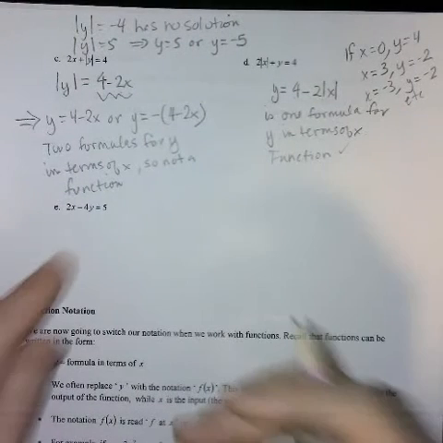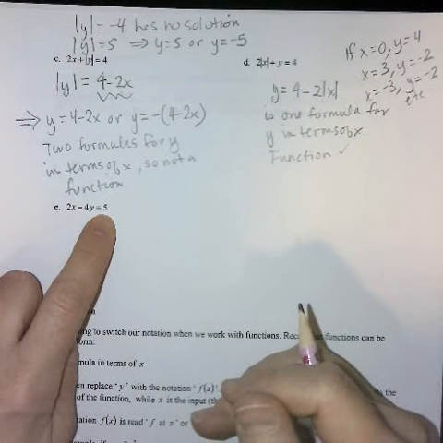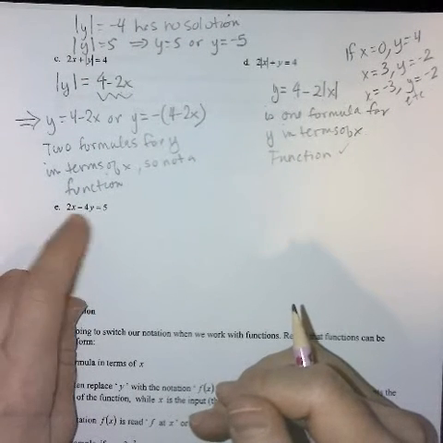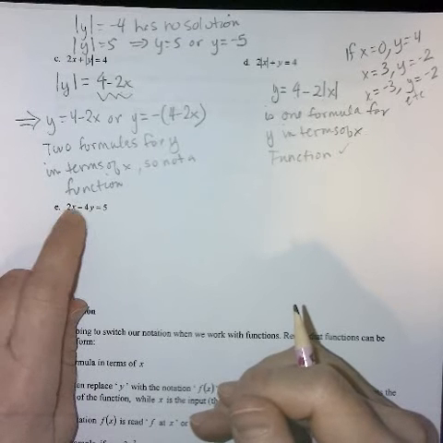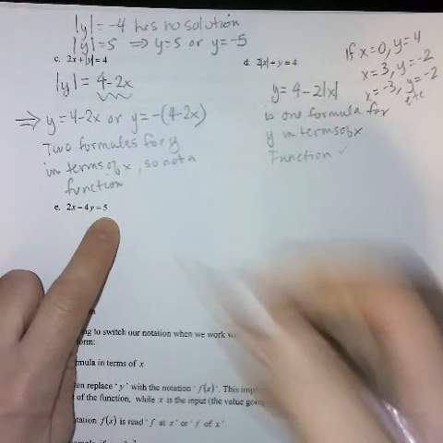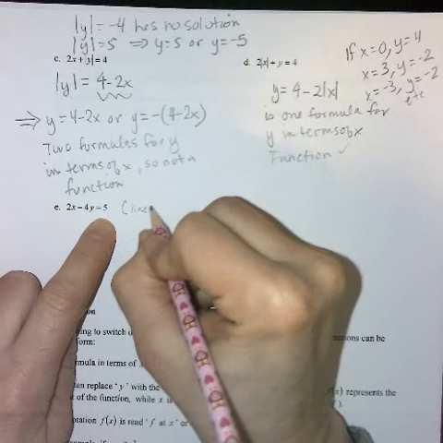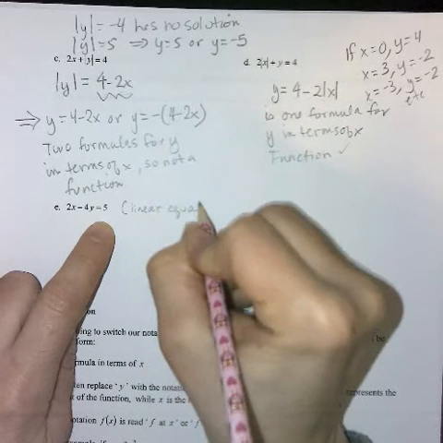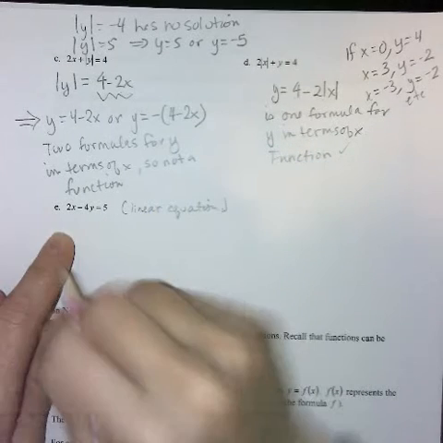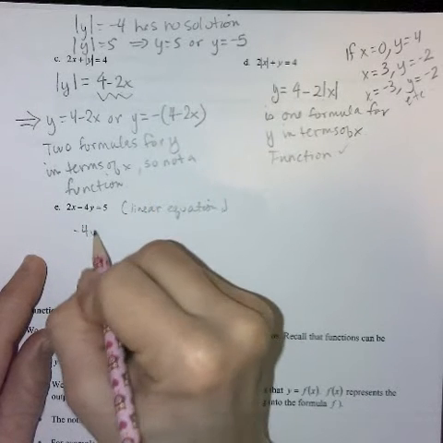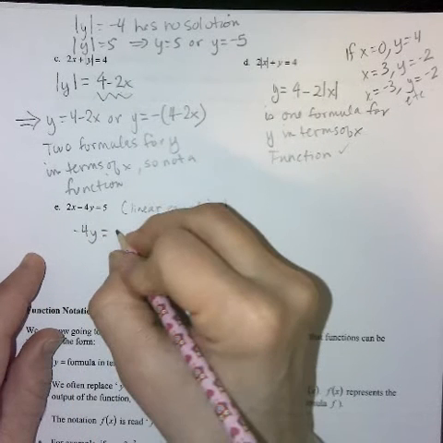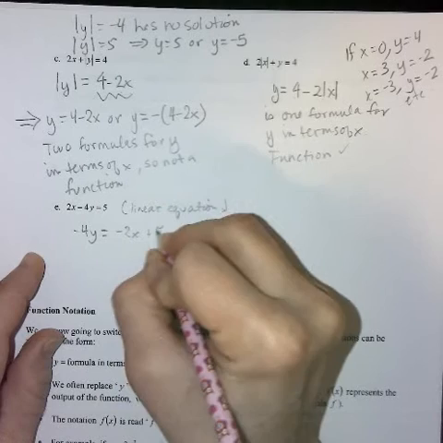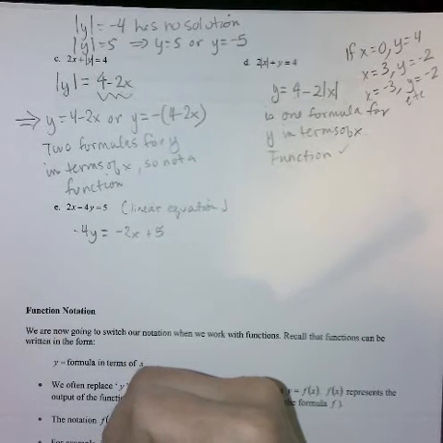Okay, now in E, this one should be really straightforward. In fact, you should recognize this from your previous course as a line, right? This is a linear equation. And so we can easily isolate y. When we're doing that, we're actually putting it in slope-intercept form. Negative 4y is negative 2x plus 5.